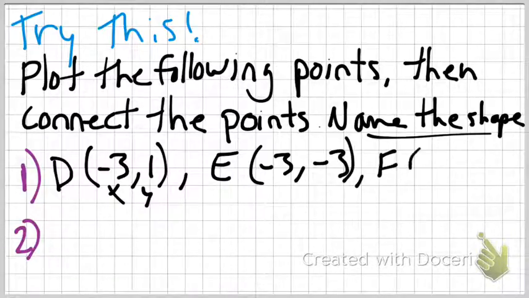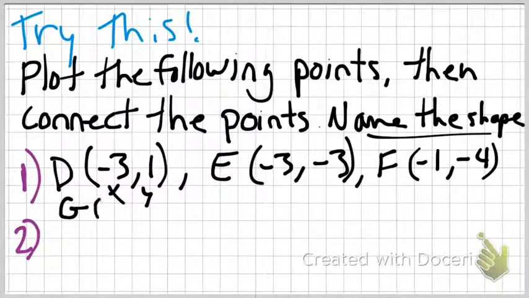F will be -1 and -4. And G, we're going to say, is -1 and 3. So make sure I got these all correct. Yep, that should be good.